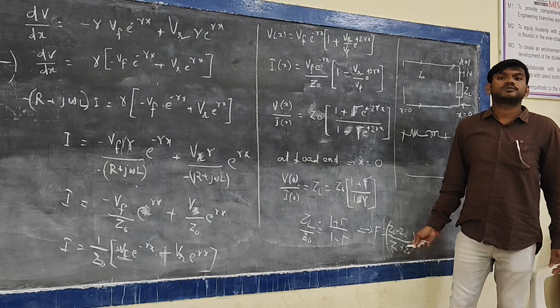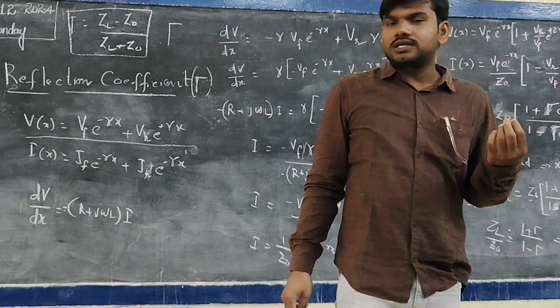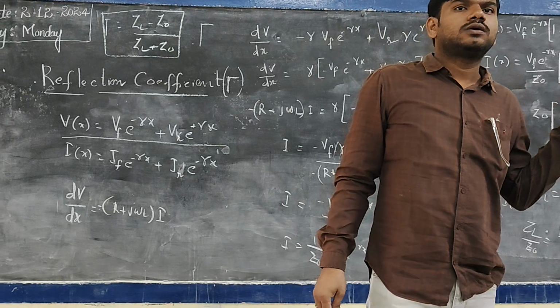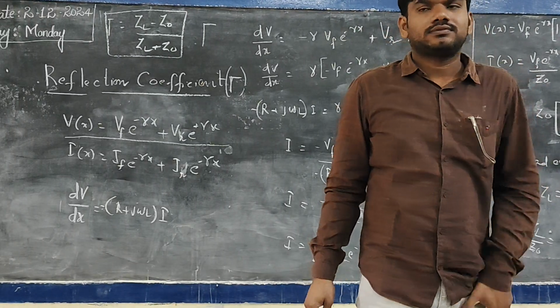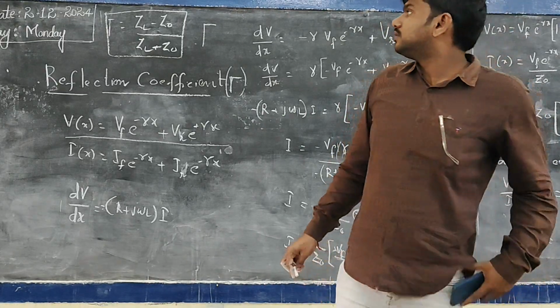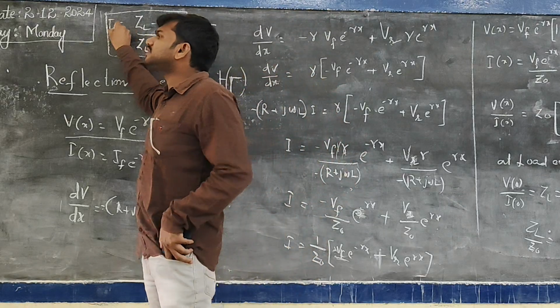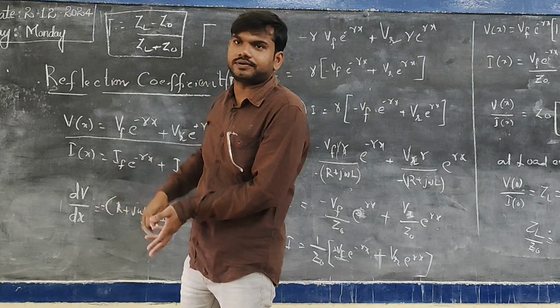Yes. I told you, if it is a matched load, generally there will be no reflected voltage or reflected power. In case ZL is greater than Z naught or ZL is less than Z naught, there will be reflected power.